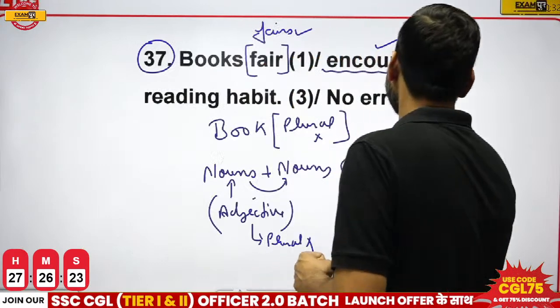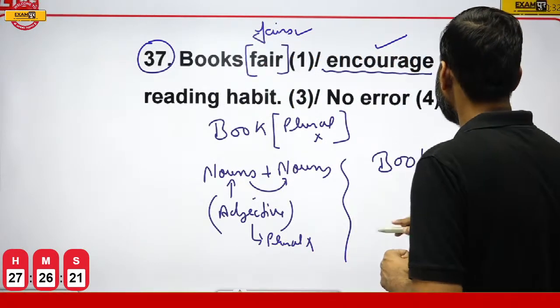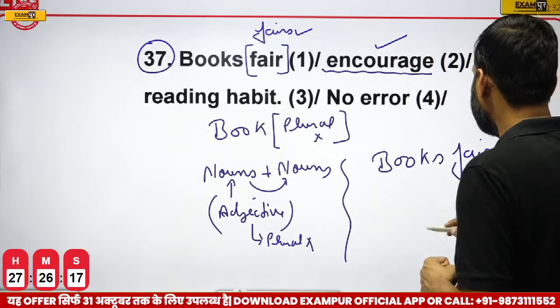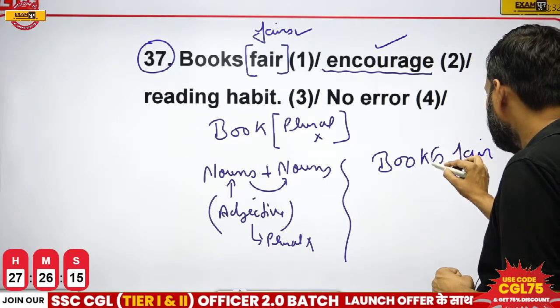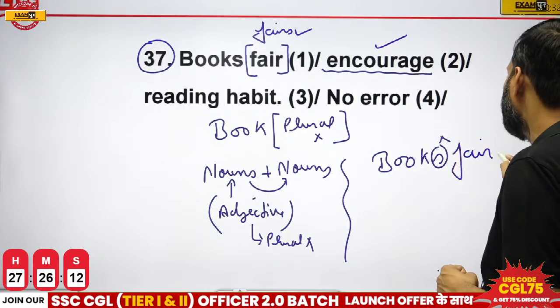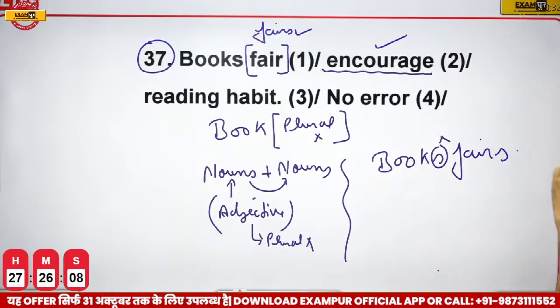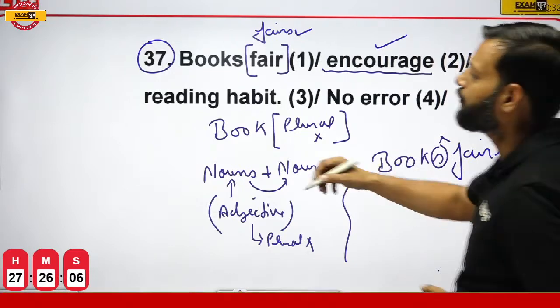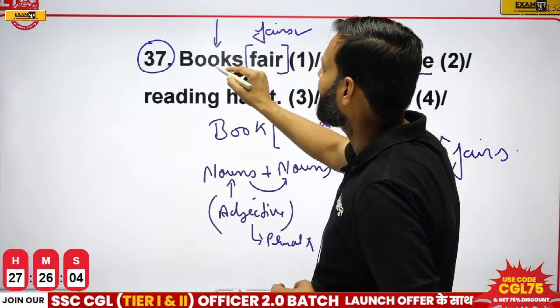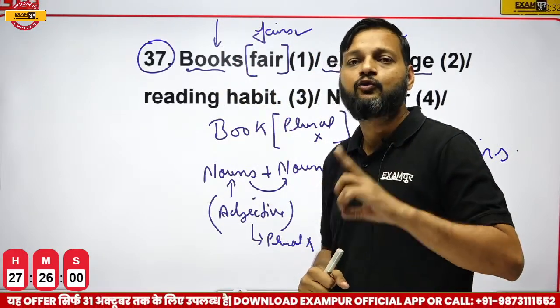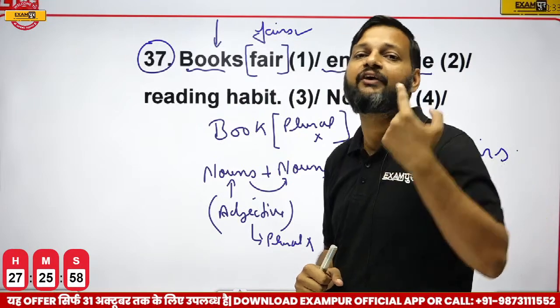So if I write books fair, this books is wrong. It should be book fairs. Book fairs encourage. This noun cannot be plural.